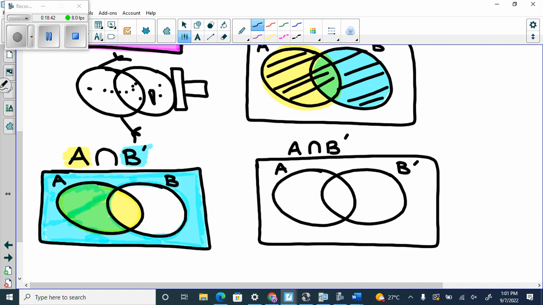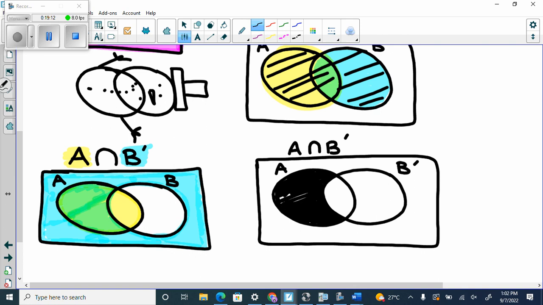Yellow and blue make what? Green. I know you all know this. Yellow and blue make green. So wherever the green is where they doubled up, correct? So where does A and not B both exist? In that green section. So just here. Only here.